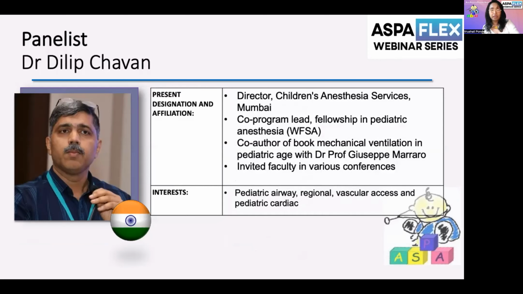We have worked together hand in hand for almost more than a decade. He's a director of Children's Anesthesia Services, co-program leader for the fellowship in Pediatric Anesthesia, World Federation of Societies of Anesthesiologists, along with CAS, and a co-author of a couple of books. His interests are pediatric airway, regional, and vascular cannulations.